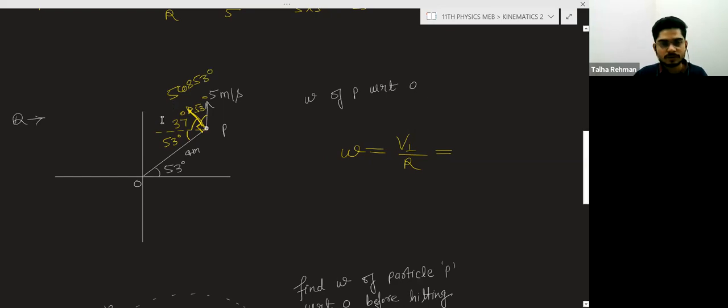Okay, you can find the angle. Basically this angle you want, because you want to find the velocity in this direction, that will be 5 cos 53 degree, and the distance is 4, so V perpendicular is 5 cos 53 degree divided by the distance 4.